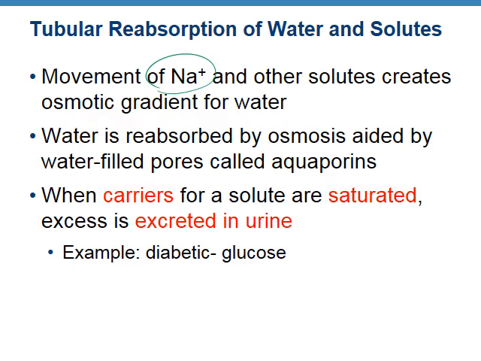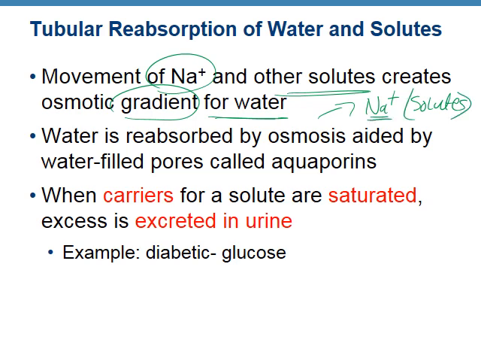The movement of sodium and other solutes creates a gradient for water. Remember osmosis, water goes wherever it can dilute out the solutes. In this case, they're talking about sodium ions. So water is reabsorbed by osmosis, and we do have some pores called aquaporins in the cells.